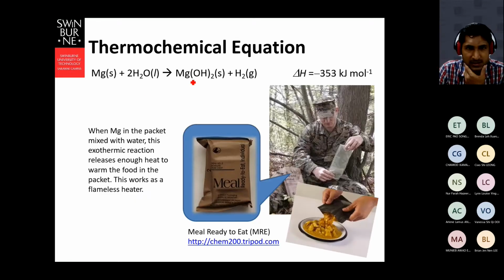What is the usage of these thermochemical equations?